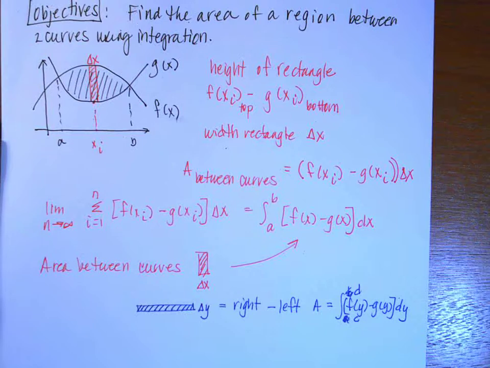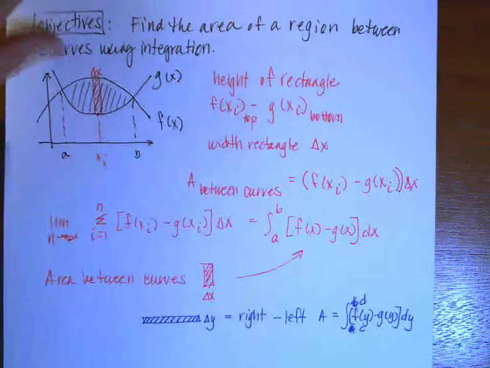Alrighty, and so you have to pay attention to which way works the best. Do I do my delta x vertically, or do I do a horizontal delta x? Alright, so let's start doing a couple of examples.